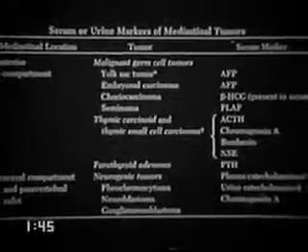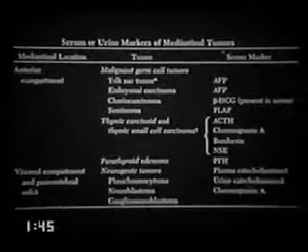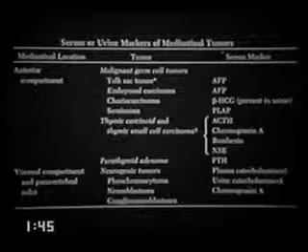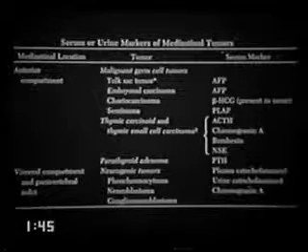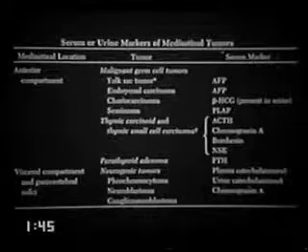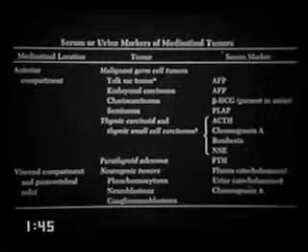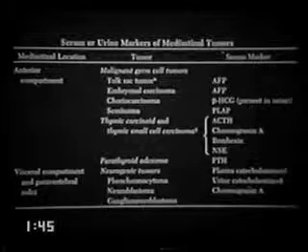Just to know that there are many serum and urine markers which help to establish the diagnosis of a particular mediastinal mass. And we'll go over the germ cell markers in more detail later on. But just to let you know that there are many markers which have helped greatly to establish different etiologies of masses in the mediastinum, as well as many immunohistochemical markers to narrow down the diagnosis.